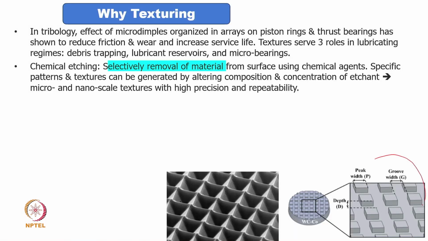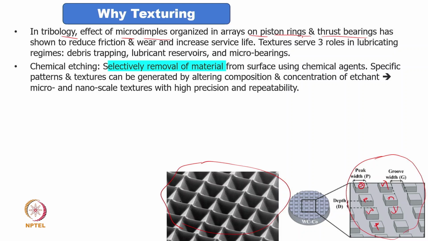Now this is what we are mentioning here. So either we go ahead with texturing something like a protrusion like this, or maybe valley creation something like this can be possible. So in tribology, the effect of micro dimples organized in an array kind of thing, maybe 1, 2, 3, and you can see the array arrangement has been shown here, organized in arrays on a piston ring and thrust bearing.